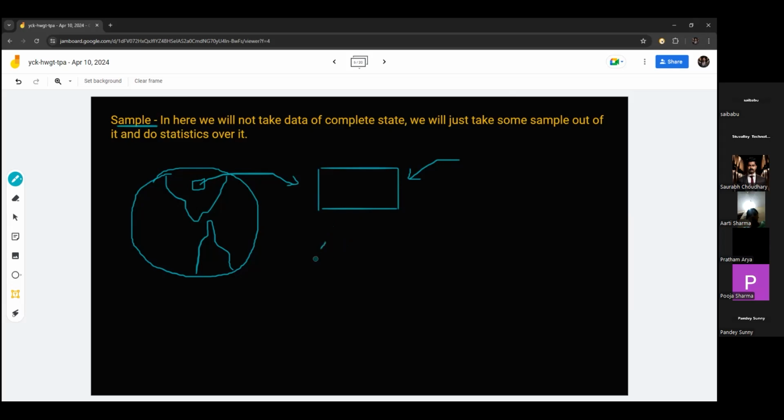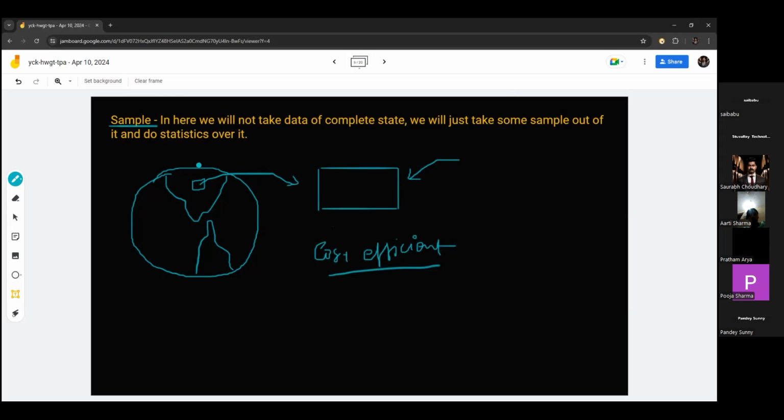It is cost efficient also, so you don't have to spend a lot of money to collect the data. We will get some samples only.